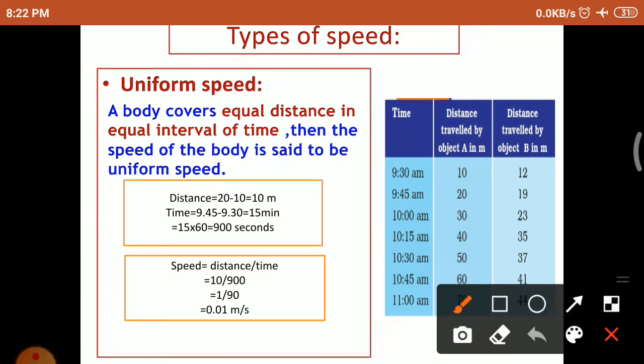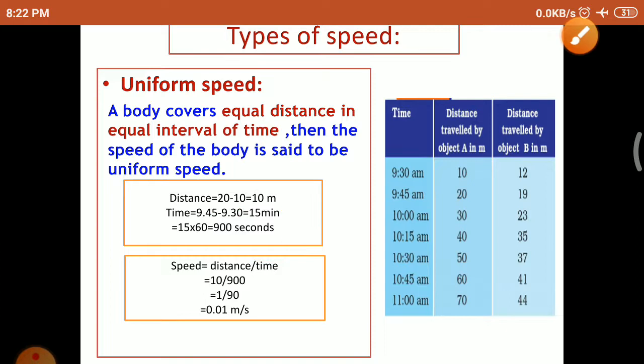First I take the distance 20 minus 10, which is 10 meter. The time is 9:45 minus 9:30, which gives 15 minutes. Here I have to convert the unit from minute to second, because the SI unit of time is second. So 15 into 60 is 900 seconds.